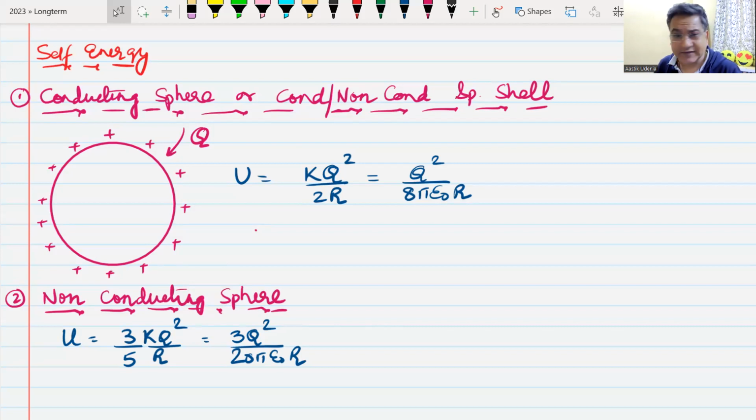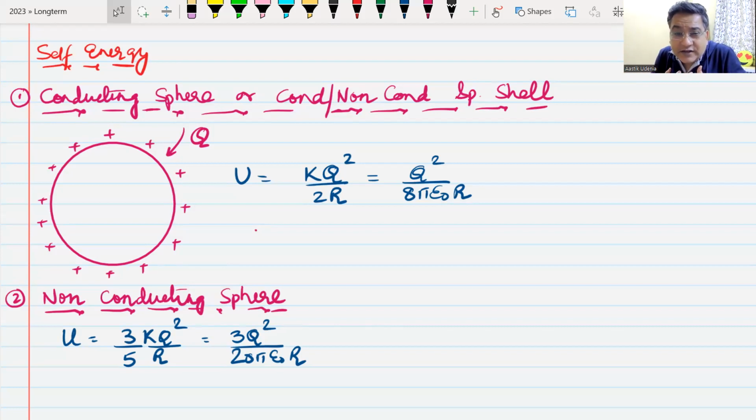Moving ahead, we had seen this question where we found the self-energy of a conducting sphere and a non-conducting sphere. For a conducting sphere, the charge comes on the outer surface. The electric field only exists outside. So whatever energy is stored by this conductor is not stored inside.